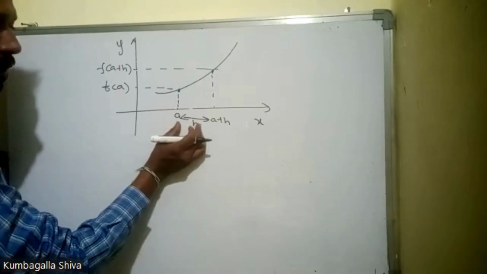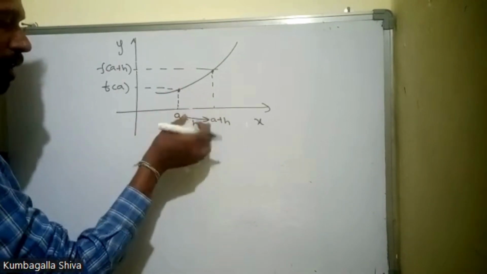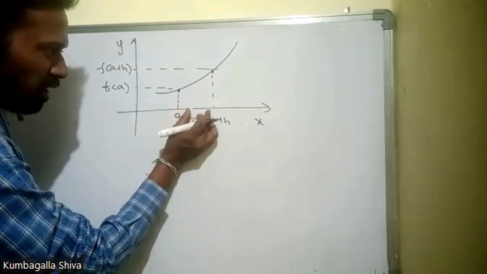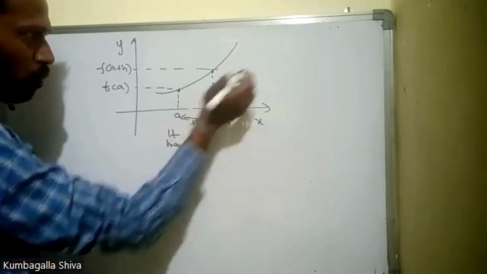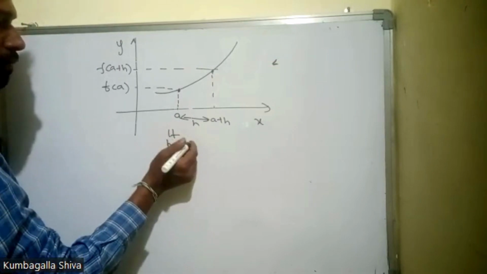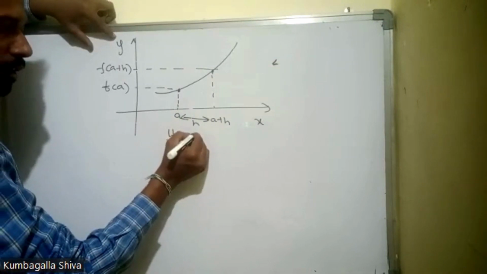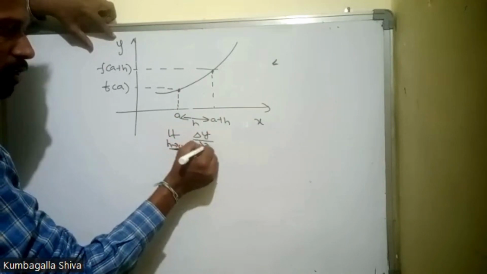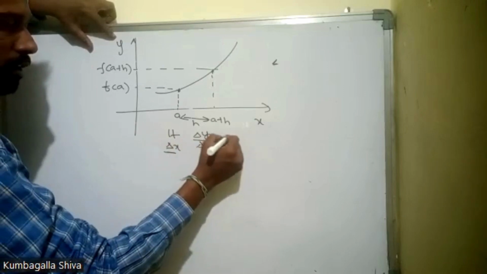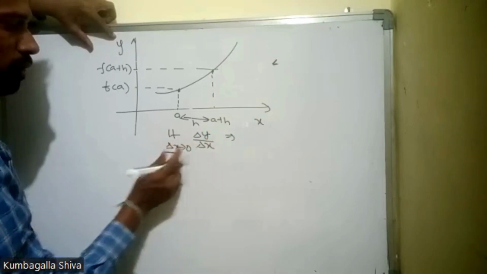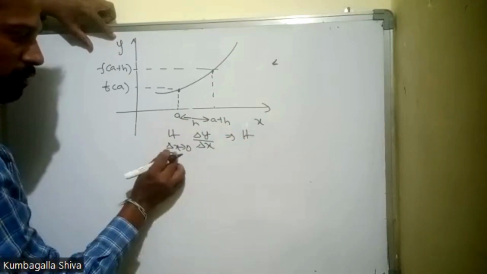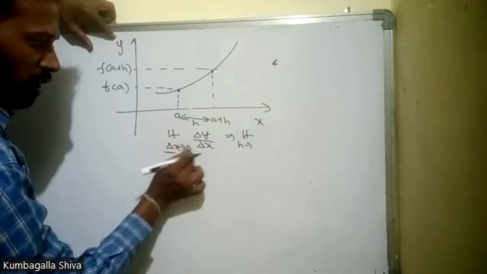Now in terms of limit, we write limit h tending to 0, very, very close. In terms of delta y by delta x, delta x tends to 0, and in place of the change in x there is h, which is very close to 0.